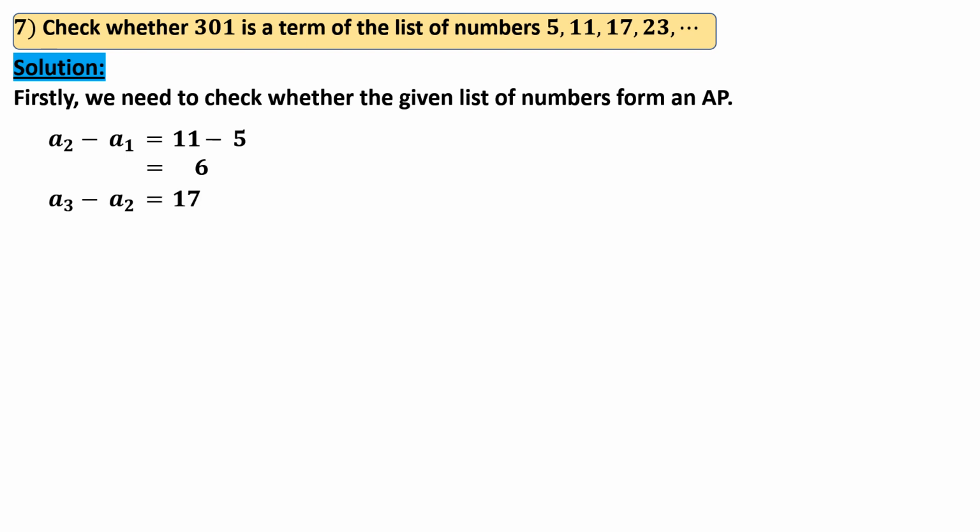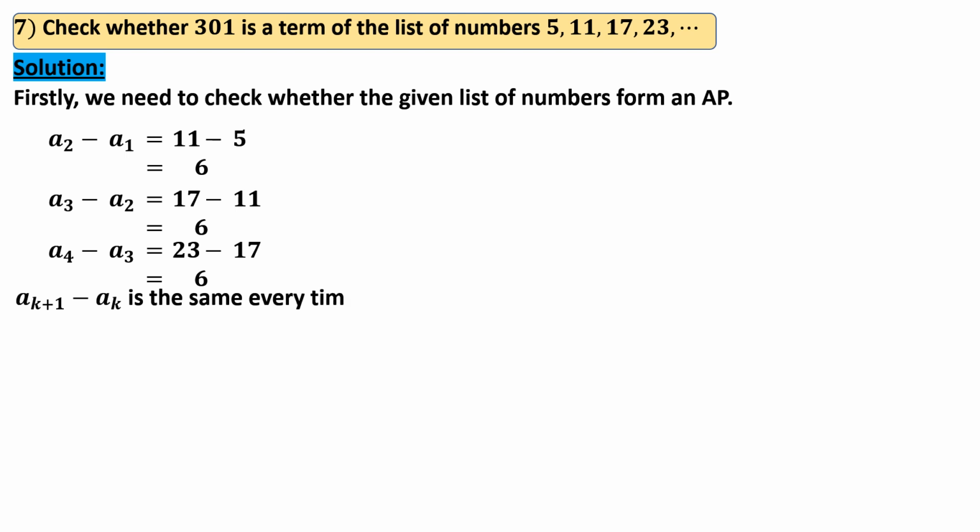A3 minus A2 equals 17 minus 11 equals 6. A4 minus A3, 23 minus 17, again it is equal to 6. For every positive integer k, a(k+1) minus ak is the same. The given list forms an AP.